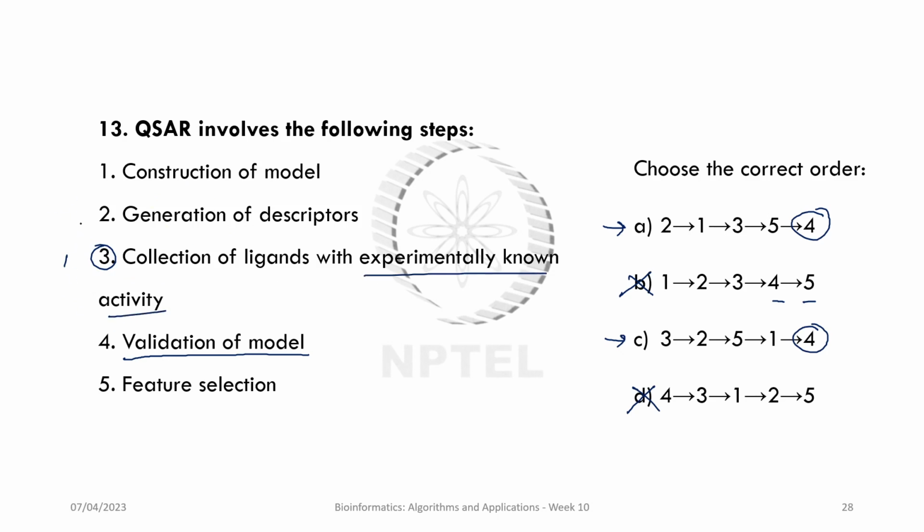Second would be generation of molecular descriptors, and three would be feature selection, or further filtering those molecular descriptors, and four would be to construct a model based on these, and five to validate that model which has been generated. So it would be 3, 2, 5, 1, and 4. That's option C.